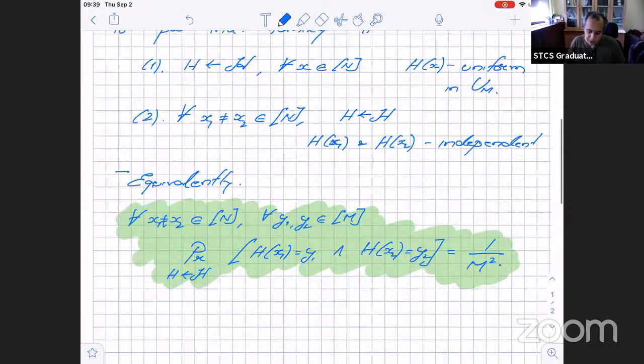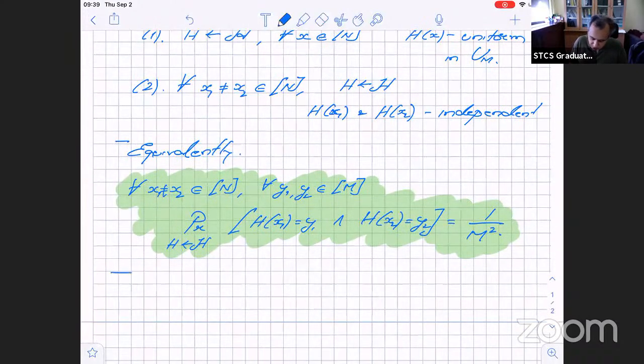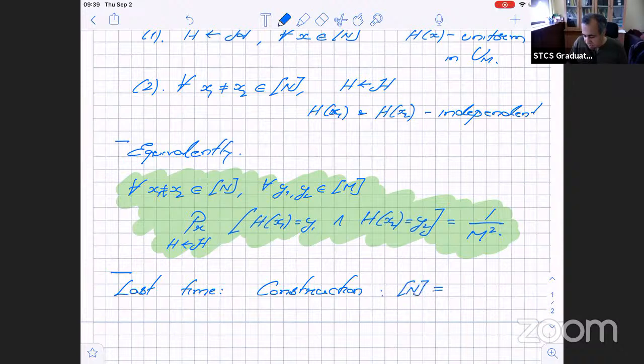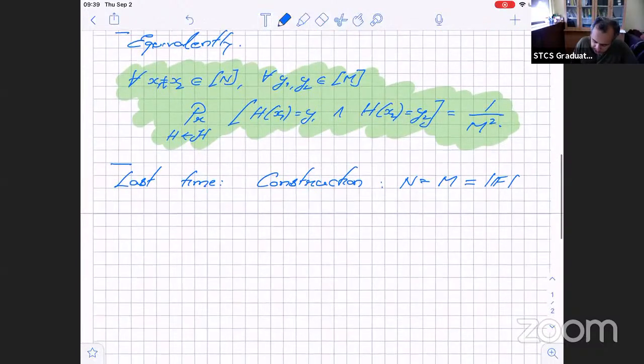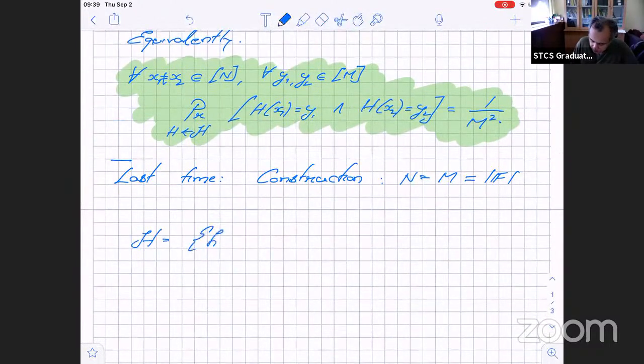And what we saw last time was a construction for the specific case when the size of the domain was equal to the size of the range, which was equal to the size of some finite field we are working with. In particular, what was the family we had constructed last time? We had constructed a family H_{a,b}.